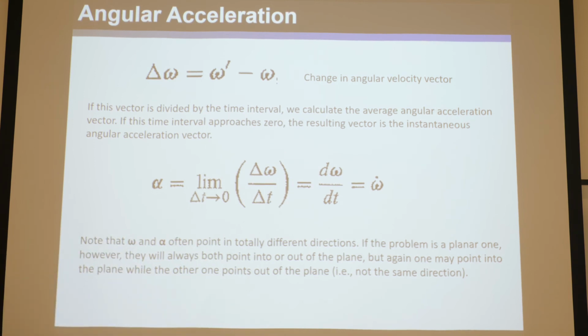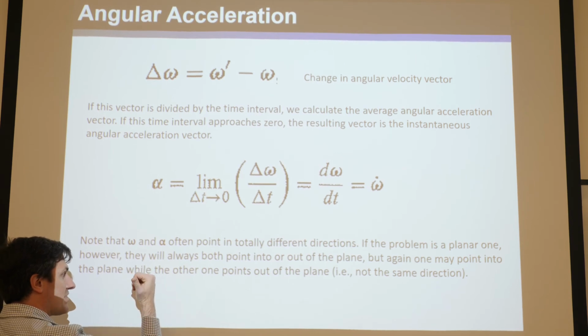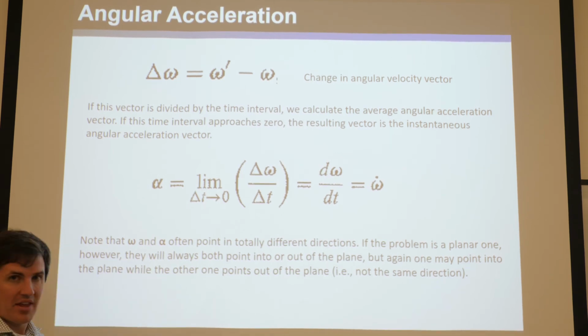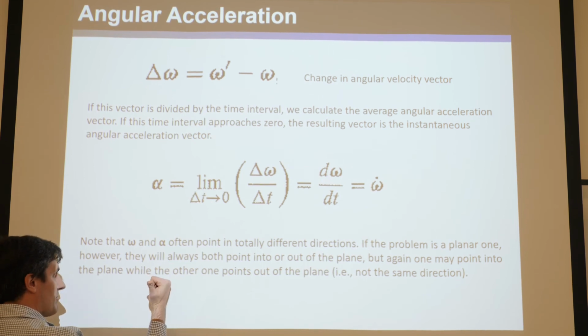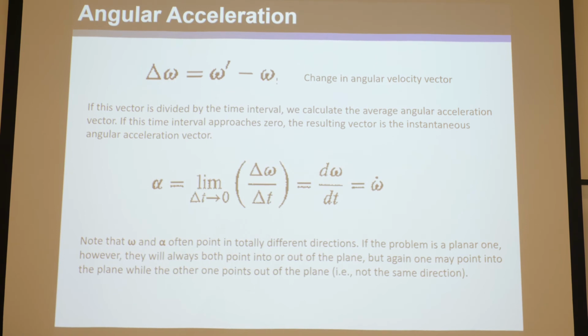But the trick is that for two-dimensional or planar mechanisms, like the ones we've looked at almost exclusively in this class, and which are the most common mechanisms, just links that move in a plane, you'll notice all the omegas in a planar scenario always point in or out of the page. But the point is they're always normal to the plane. And alpha is no different. Alpha for 2D planar scenarios is always going to be pointing out of the plane, normal to the plane, just like omega. But that doesn't mean they're pointing in the same direction.